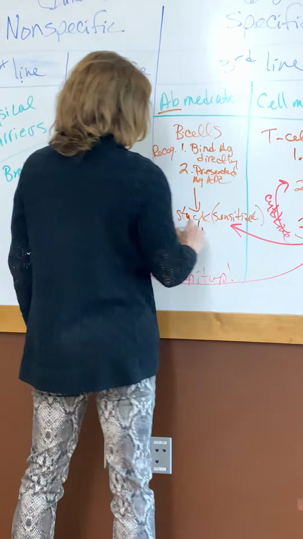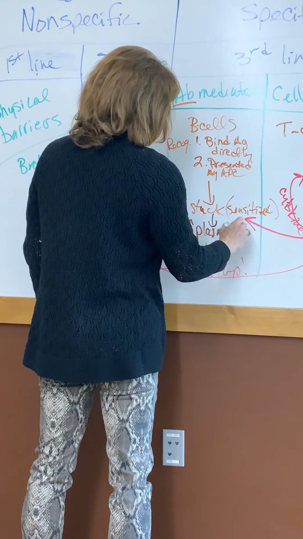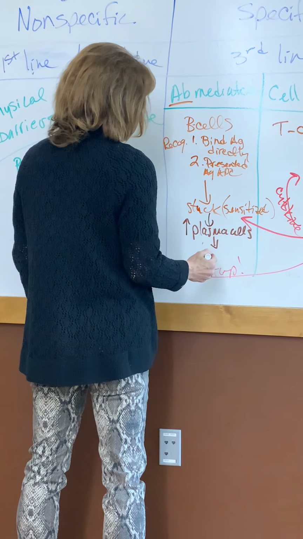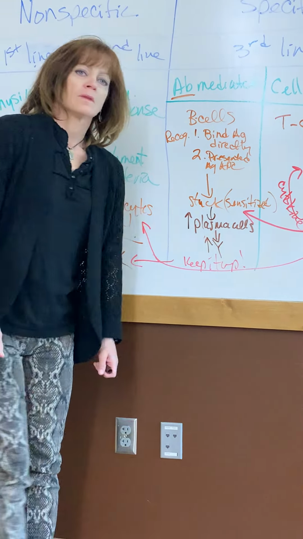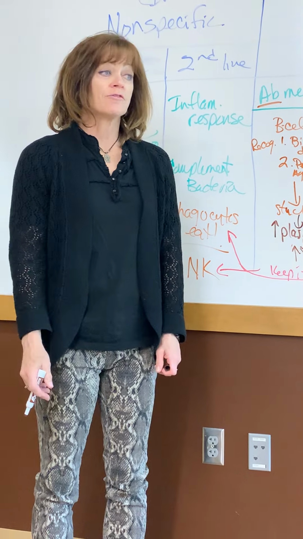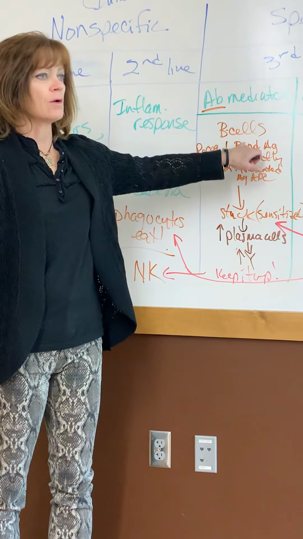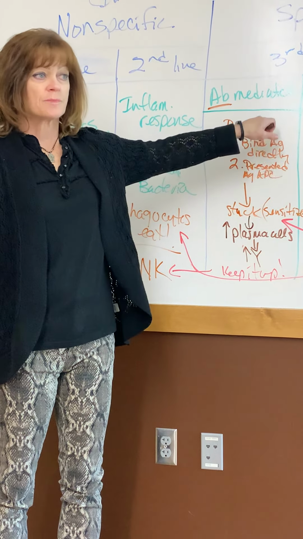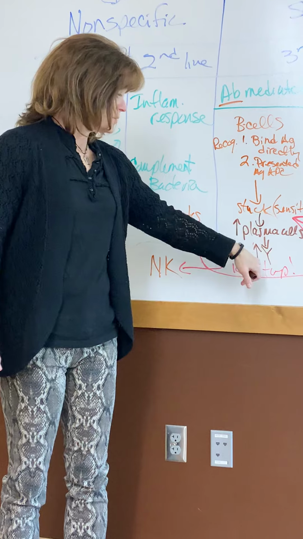Turns into bunches and bunches of plasma cells who make bunches and bunches of antibodies. And those antibodies are specific to the antigen that the B cell recognized.